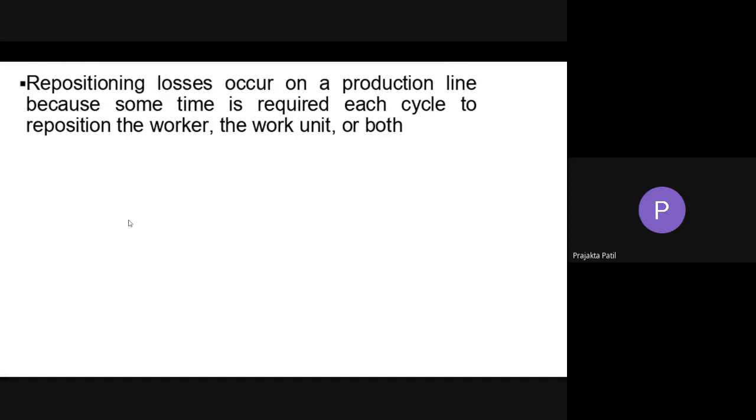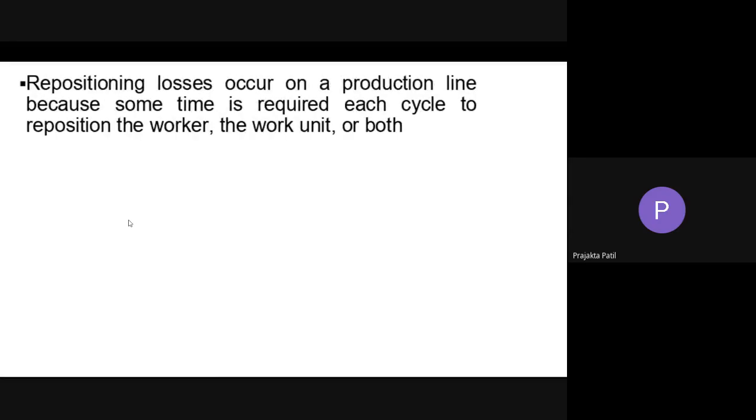Repositioning losses we'll finish now and then stop. The line balancing problem I'll start from the next class because it has problems also in it.